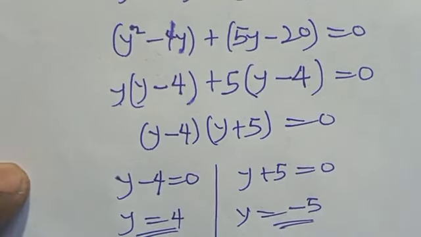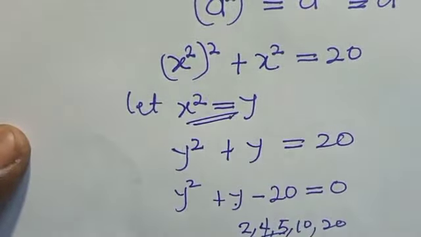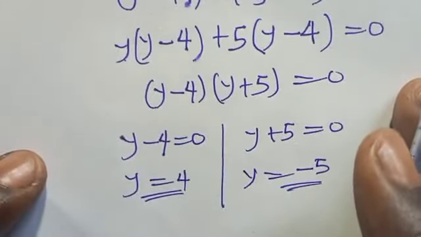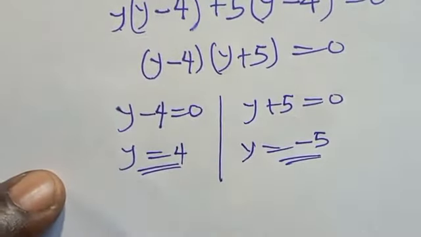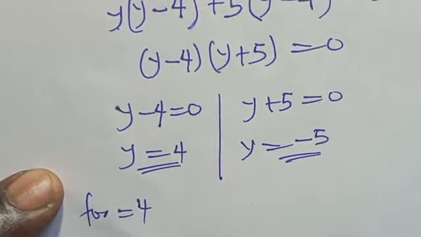You see, these are the two cases that we end up having for y. And if you recall, we said that let s squared be equal to y. So for y equals 4, s squared will be equal to 4.